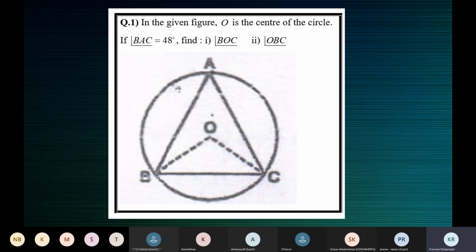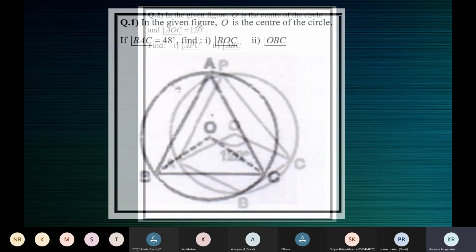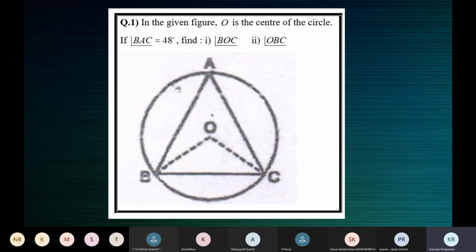I'll just show you the questions I have here. Please draw the figure. Let it be big. Don't draw tiny ones. Not only the figure, write down the question in your notebook. We'll be solving these in today's class.